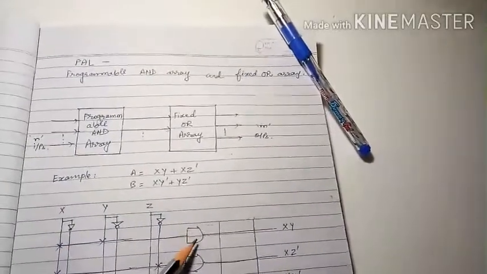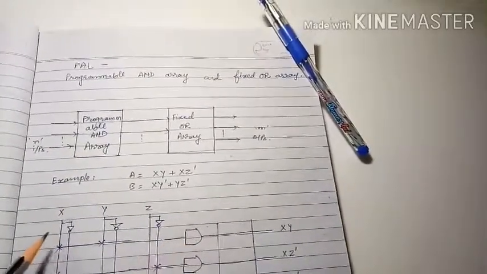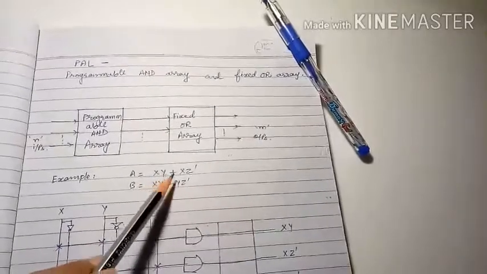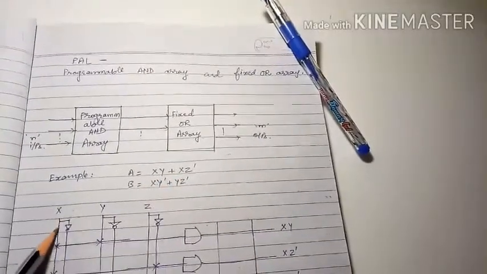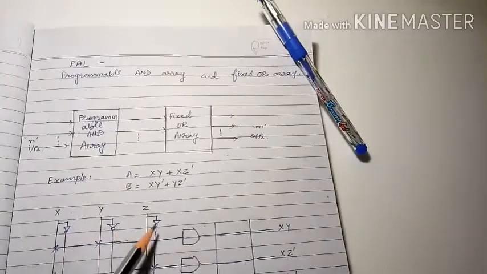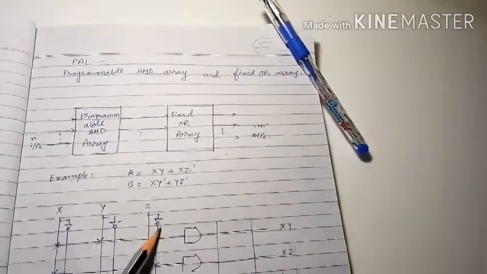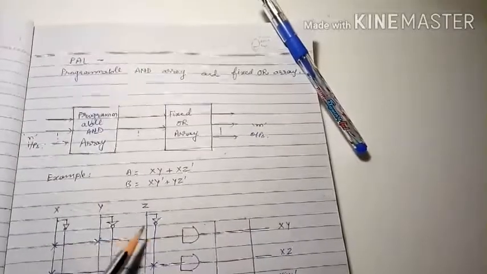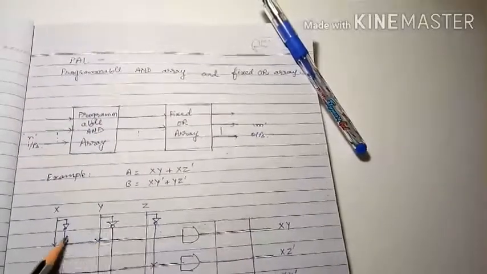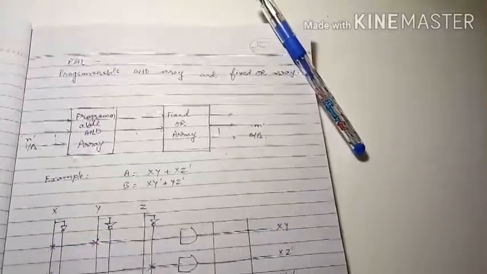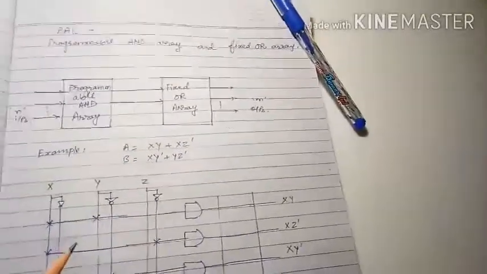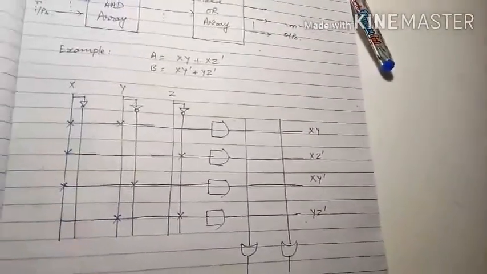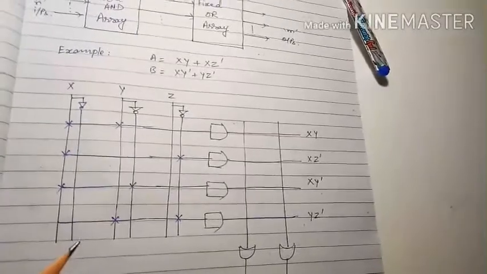So see, we have x, y, z inputs and x dash, y dash and z dash, which are the complements of x, y and z. So let us see the implemented circuit.